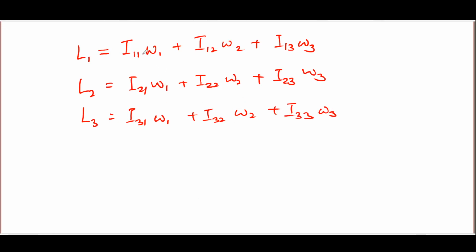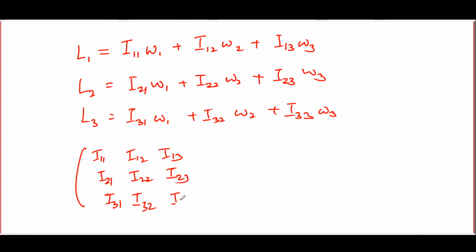And this bunch of 9 numbers, I11, I12, I13, etc., taken together can be thought of as a matrix which is acting on the column vector formed by omega 1, omega 2, omega 3 to give you the new column vector with elements L1, L2, L3.